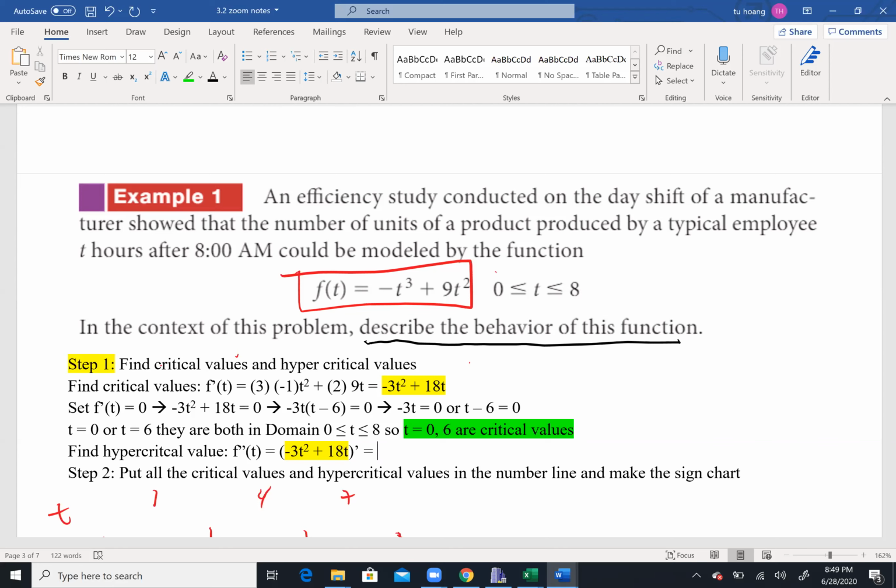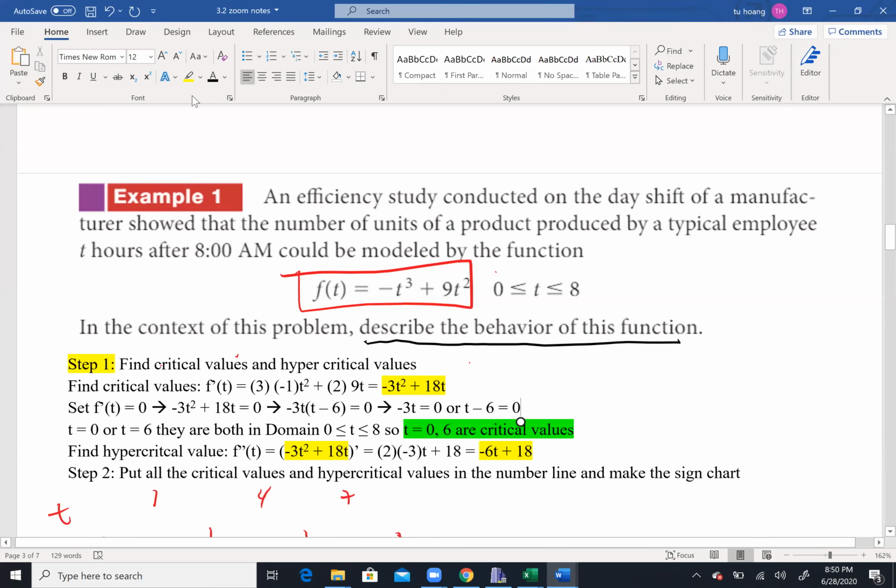I have 2 multiplied by negative 3, and then t to the power 2 minus 1 is 1, plus 18t. That is a constant multiplied with a variable, so it's going to be just the constant. Now you have negative 6t, oh wait, plus 18, right? Yeah. And I'm going to mark this.